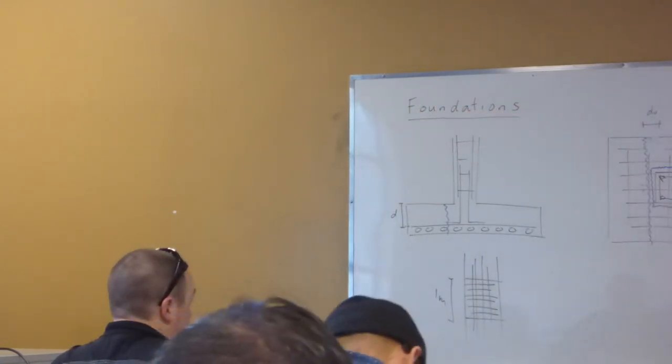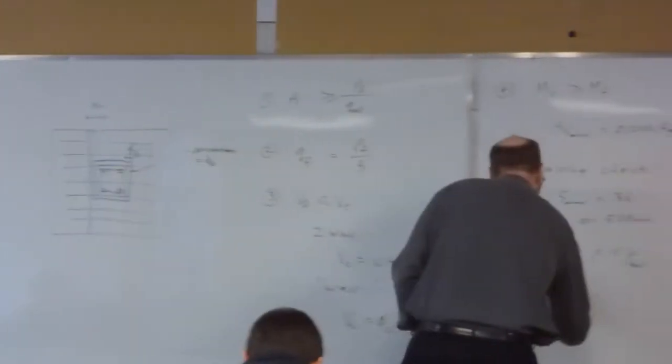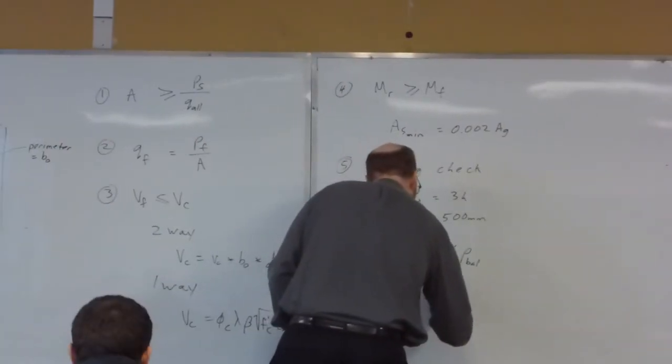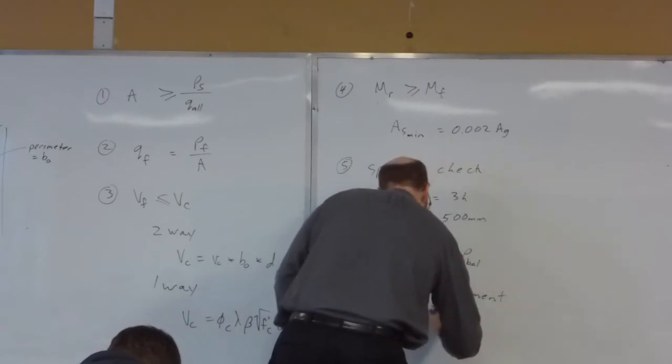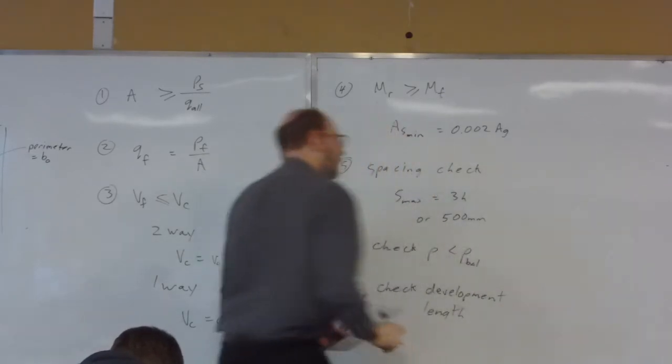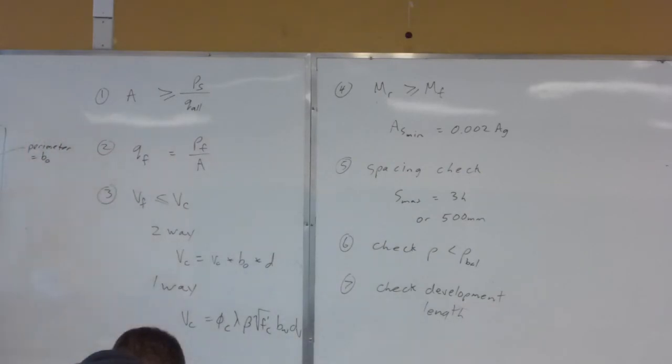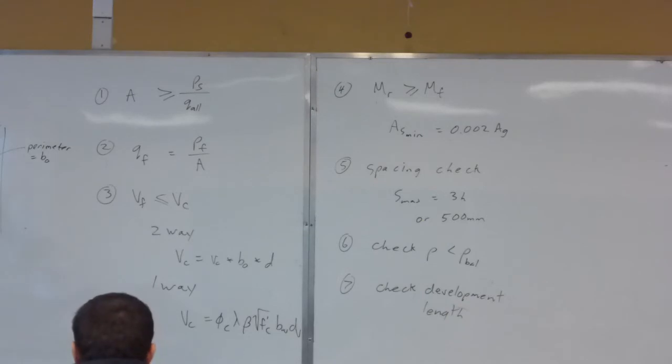And then the last thing we're going to do here is check our development length. Basically what we're doing is recognizing our moment diagram, so let's sketch that underneath here.